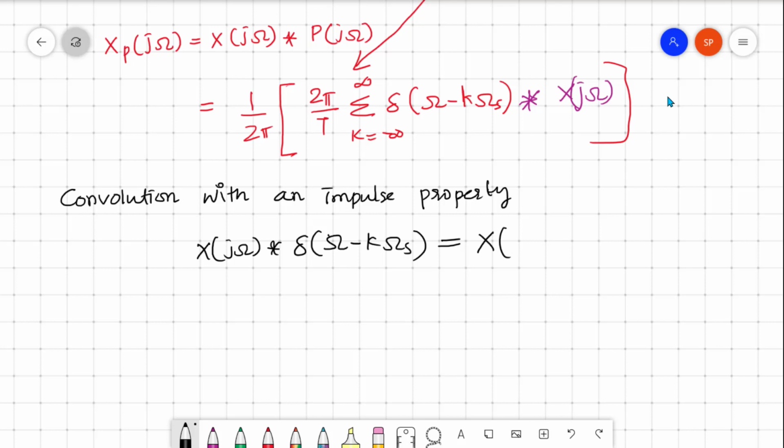Ultimately what we will get is X of j into omega minus k omega s.